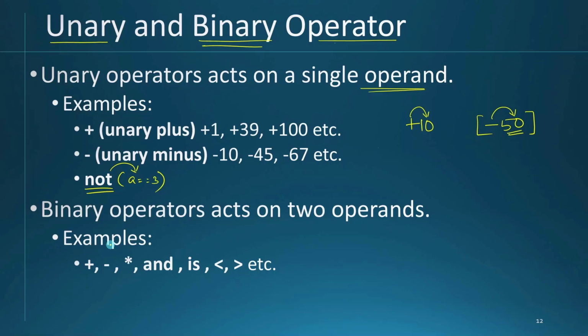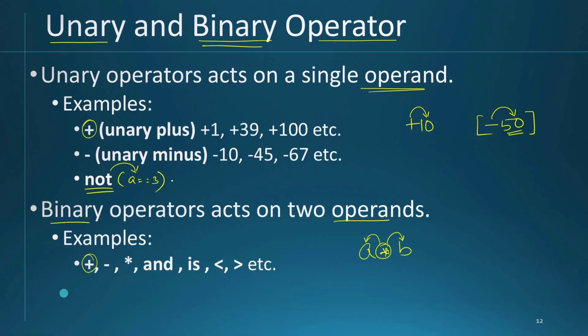Rest everything, that's why I told you 90% of the operators that we studied work with binary operands, which means they require two operands to work. For example, A star B. This star is a binary operator because it requires two operands to do its operation and produce a result. So plus, minus, star, and, is less than, greater than, all these are examples of binary operators. You should understand that plus can be a unary operator and a binary operator.